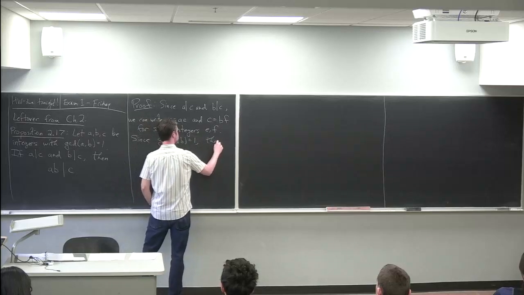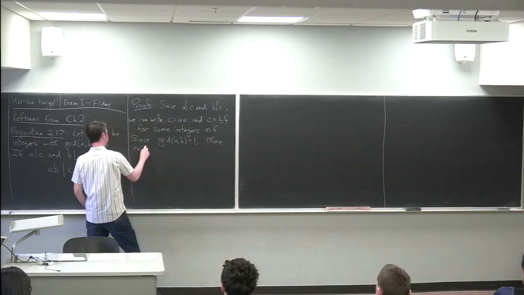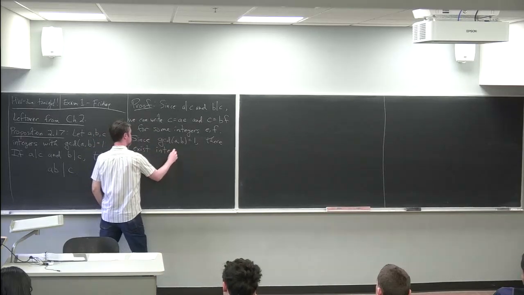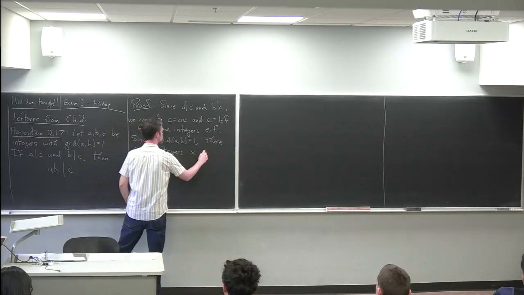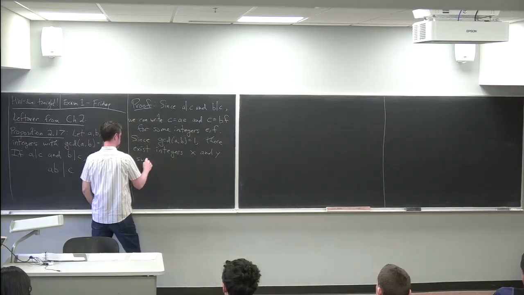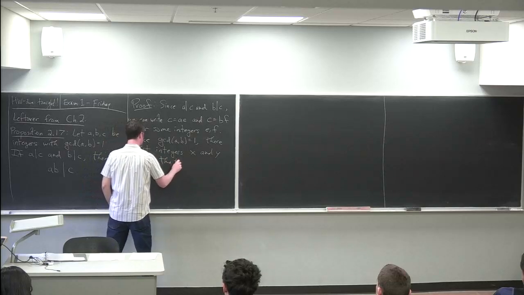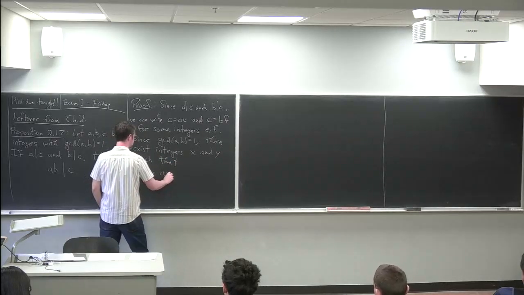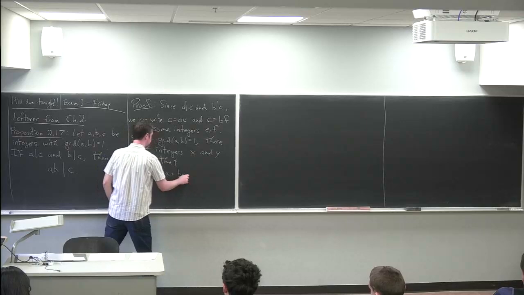So there exist integers x and y such that 1 is equal to A times x plus B times y.